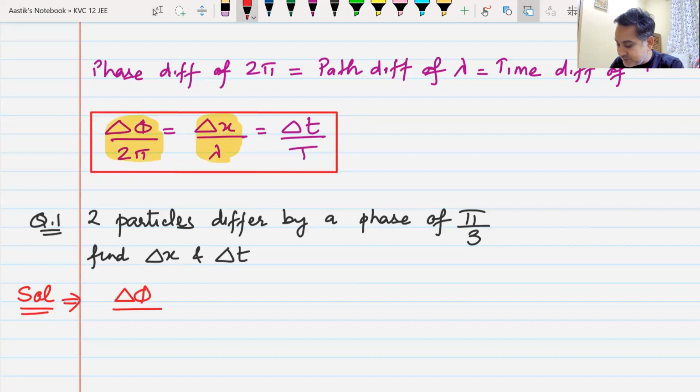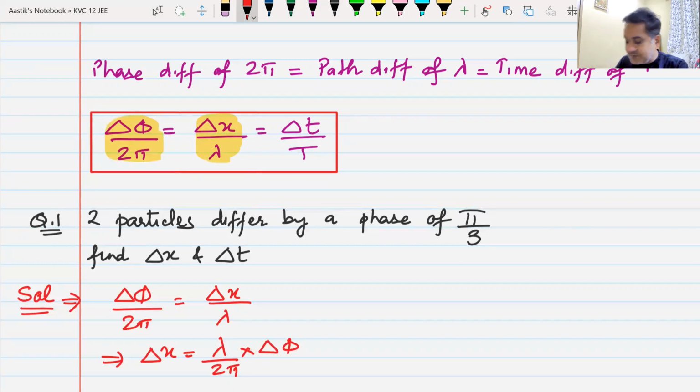Delta phi by 2 pi is equal to path difference delta x by lambda. From here, I can write delta x, the path difference, as lambda by 2 pi multiplied by the phase difference. I can now put the values, get the answer, and stay happy.